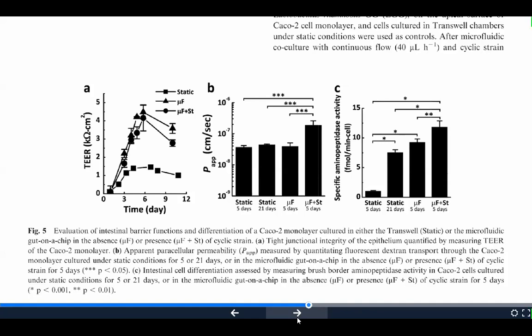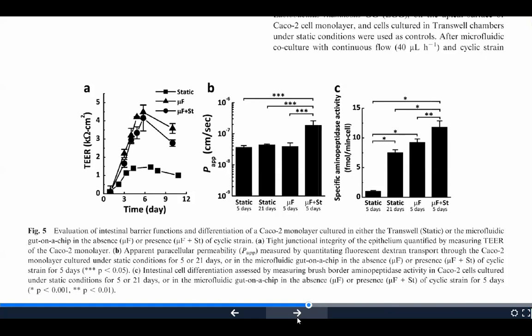But when they used the cyclic mechanical strain with that microfluidic device that induces shear stress over the cells, they saw a great increase in the permeability. So this is another important fact here: this mechanical strain can increase the permeability, and the model could behave better in terms of permeability and recapitulate the in vivo microenvironment better.